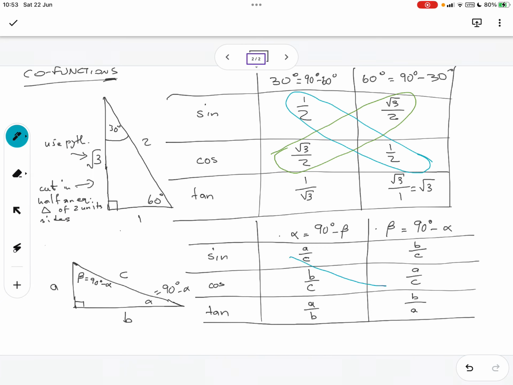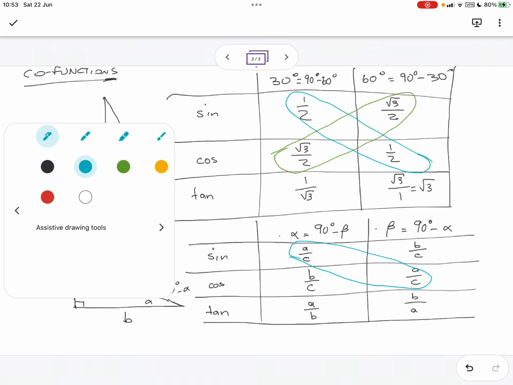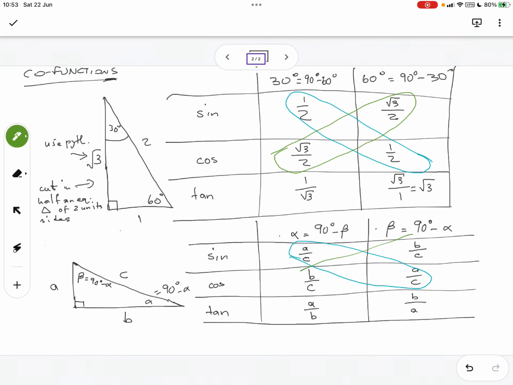So cofunctions are these trig ratios that differ by 90 degrees. And I've said this in one or two lessons before. When you look at the relationship, sine and cos differ by 90 degrees. The relationship has to do with a difference of 90 degrees between the angles.